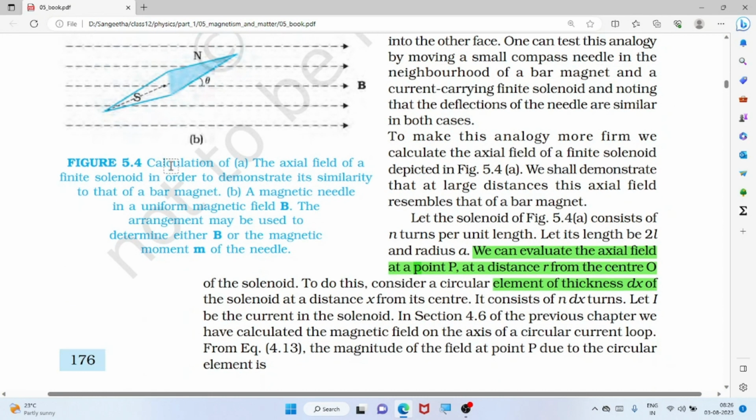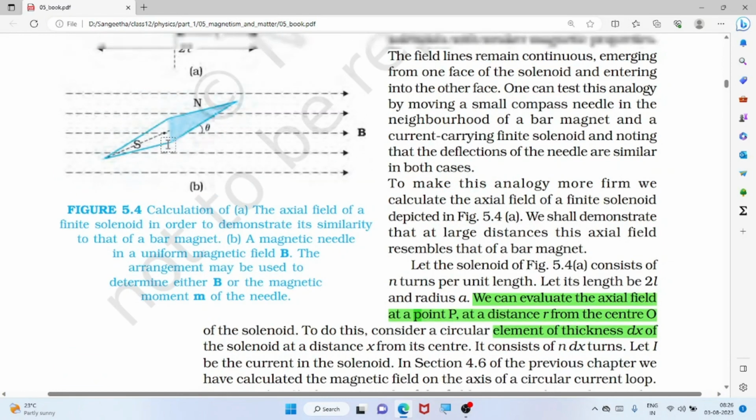This arrangement may be used to determine either the magnetic field or the magnetic moment of the needle.